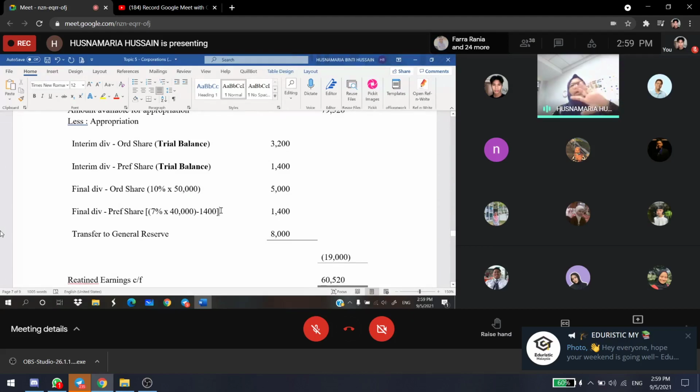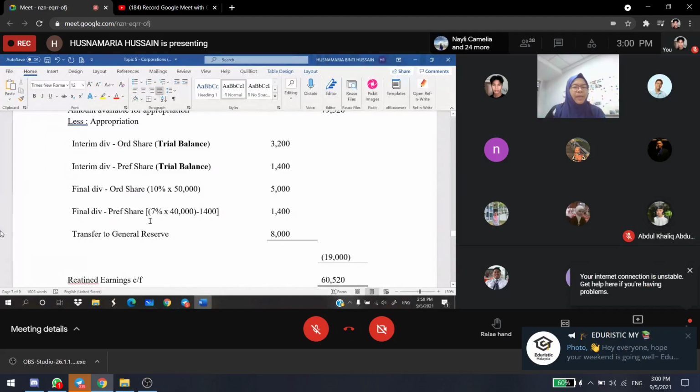What did I mention when I gave you the differences between dividends for ordinary shares and dividends for preference shares? Ordinary depends on profit. How about preference? For preference, the dividend is confirmed. And then there is a limit to the dividends for preference shares, right?